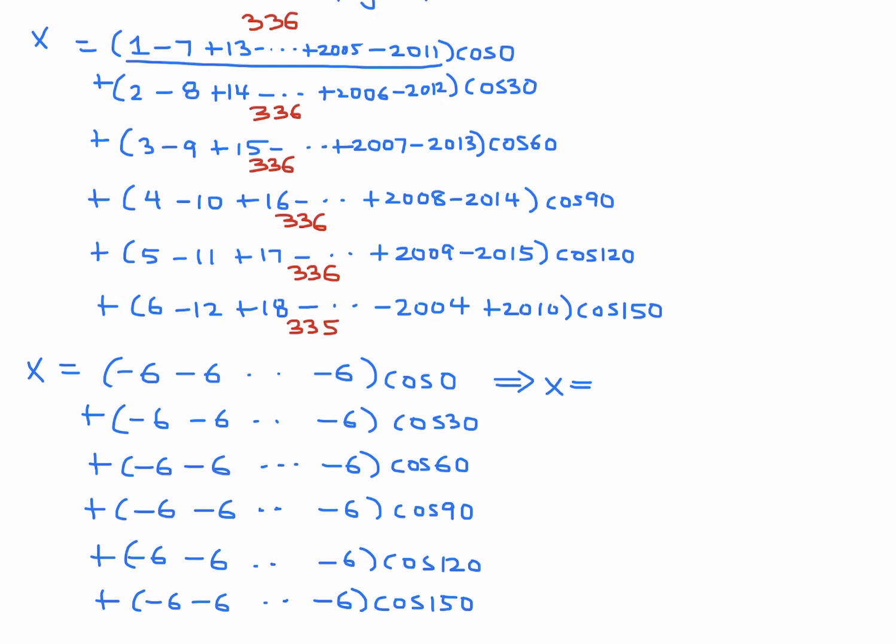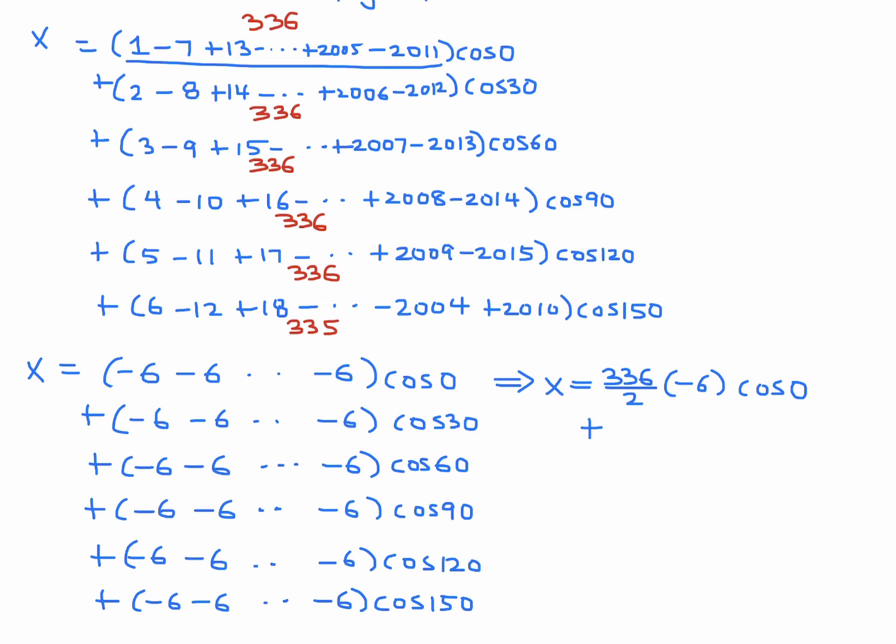So that means these guys, there's 336 divided by 2 of those negative 6's, because to get a negative 6 you had to combine 2. So since there was 336 terms, there's 336 divided by 2 of those minus 6's. So cos 0.